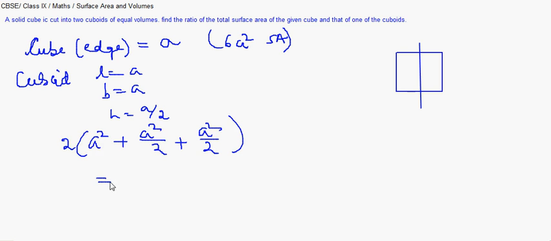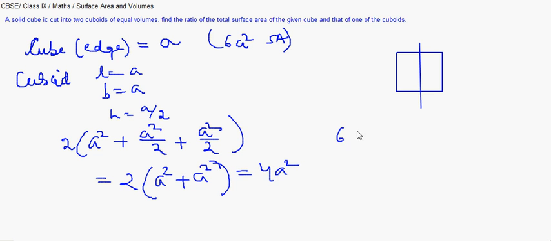If we solve this, I will be getting a square plus a square, that's 2a square, into 2, that's 4a square. So the surface area of the cube was 6a square, and the surface area of each cuboid becomes 4a square. Now the ratio will be 3:2. Okay, I hope you got it.